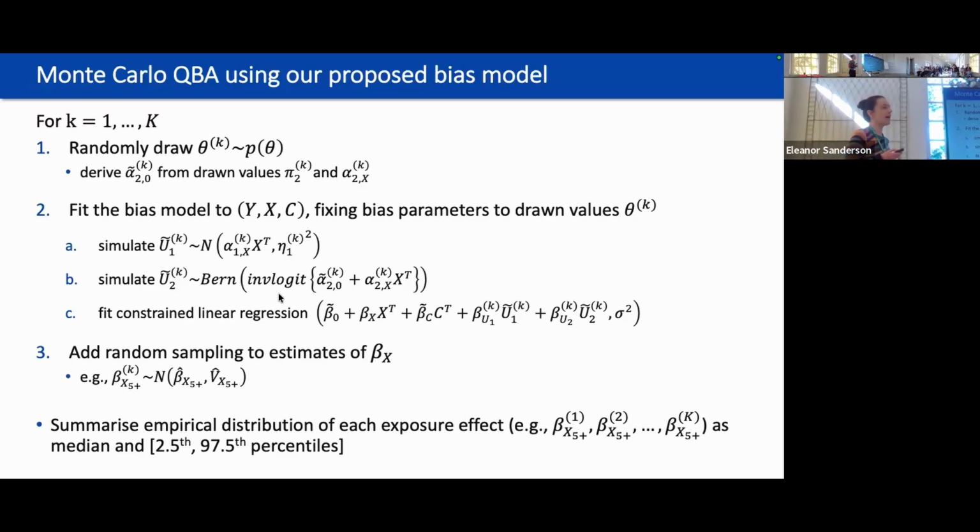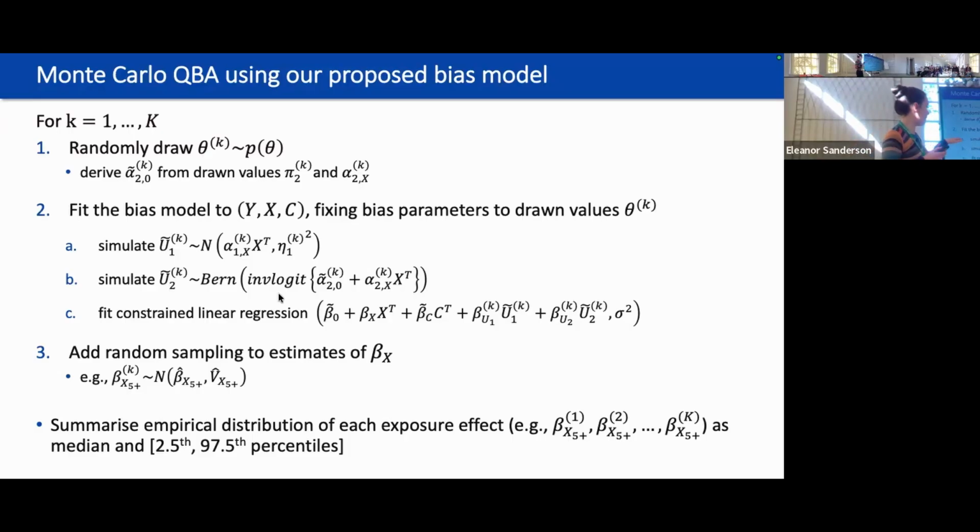Okay, so I'll now talk through the Monte Carlo approach. This is just a set of steps that you repeat many times. You first make a random draw from the prior distribution to get values for your bias parameters. You then fit the bias model to your study data, fixing the bias parameters to the drawn values from step 1.